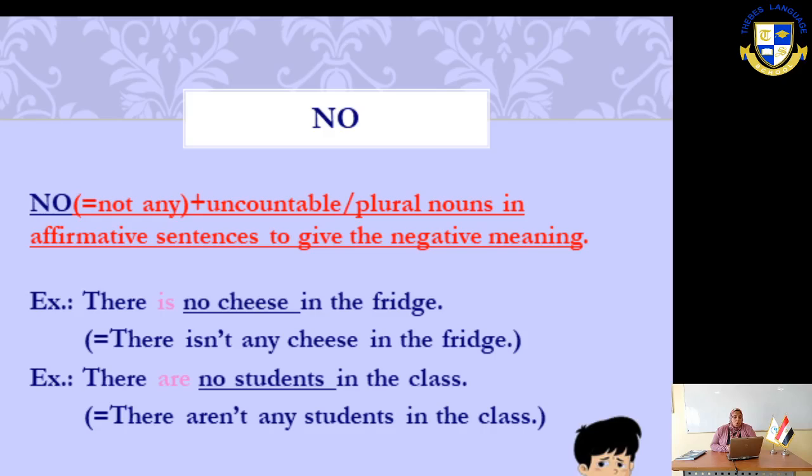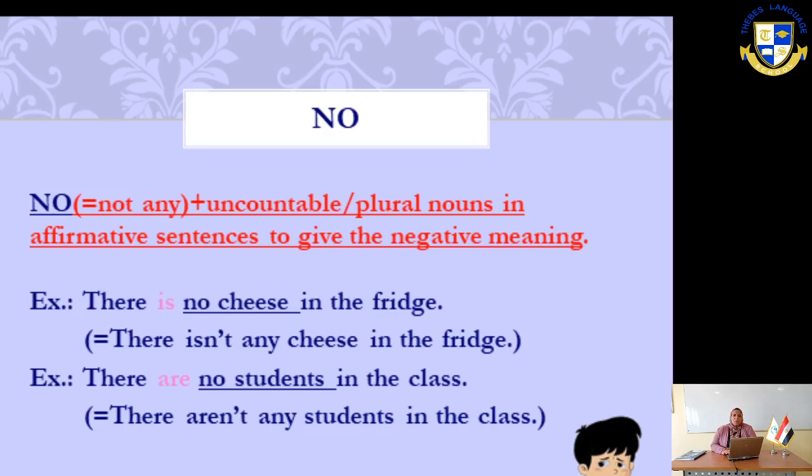There are no students in the class. That means there aren't any students in the class. So the sentence is an affirmative sentence, but the meaning is a negative meaning, okay?